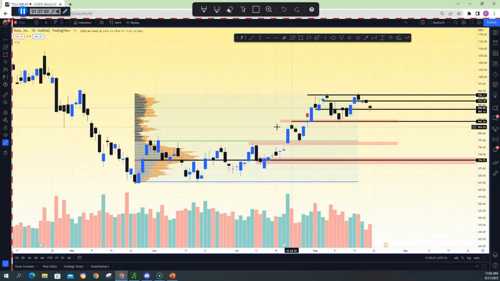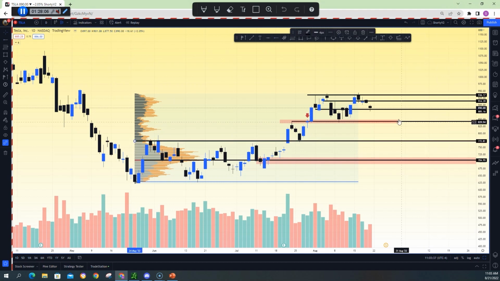Once 842 breaks right here, it's really becoming bearish, and it's going to dump here probably quickly. And you would have the value area high, which is somewhere around 772. So you have 70 points on this guy right here.